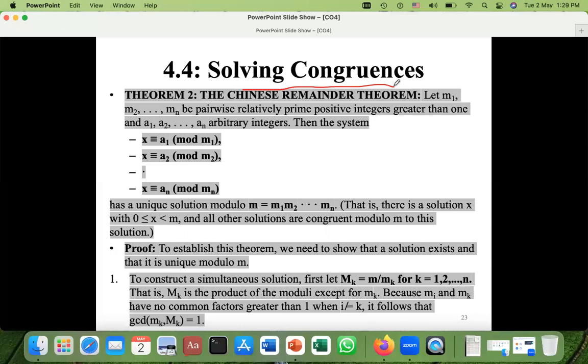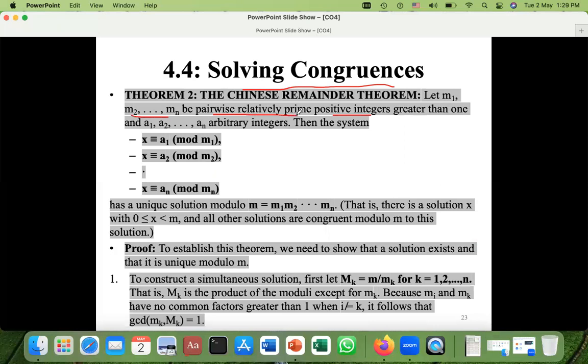In this theorem, the statement is that you have some positive integers which are mentioned by m1, m2, and mn. These are pairwise relatively prime.